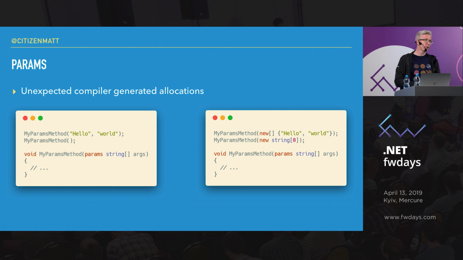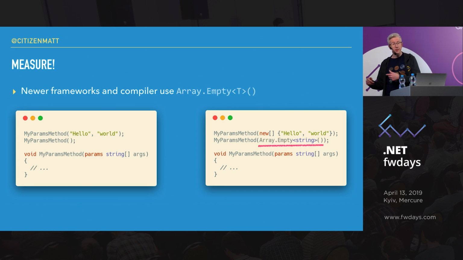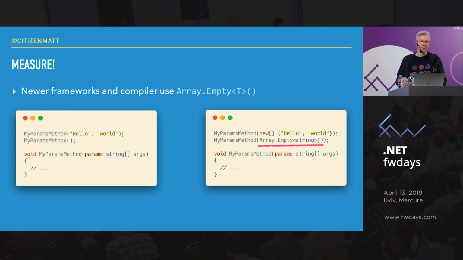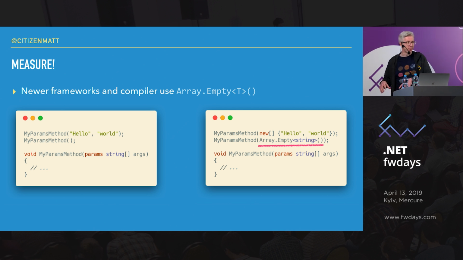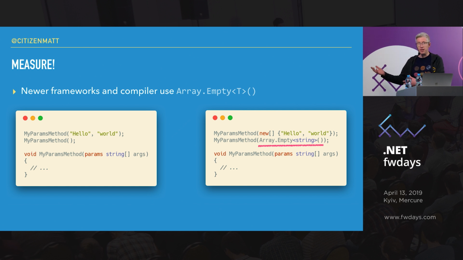When you're passing in 0 parameters, the compiler is still allocating an array for you, every single time. Except, I've just lied to you, it doesn't create it every single time. Newer compilers and newer frameworks will pass in Array.Empty, a static instance which is shared across the platform. So again, it's very important that you don't necessarily trust what I'm saying here. You measure, to make sure that the things I'm telling you are useful in your use cases.